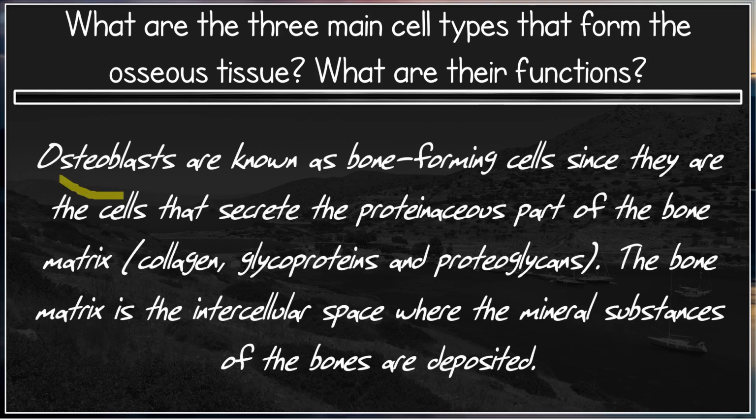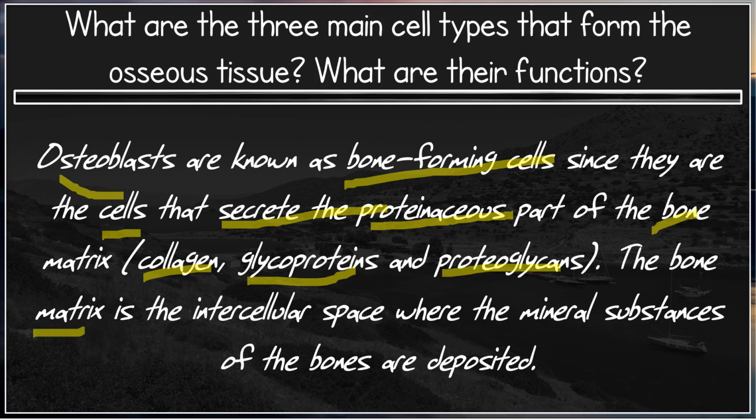Osteoblasts are known as the bone-forming cells, since they secrete the proteinaceous part of the bone matrix, that is collagen, glycoprotein, and proteoglycans. The bone matrix is the intercellular space where the amino substances of the bones are deposited.